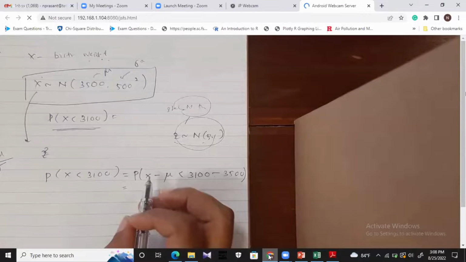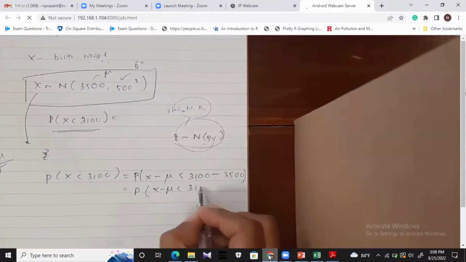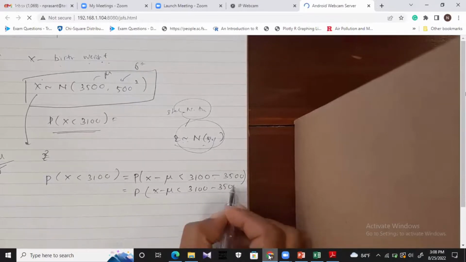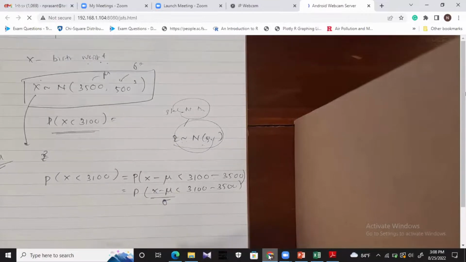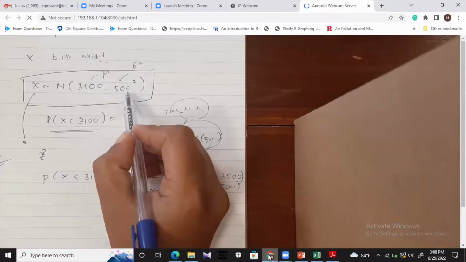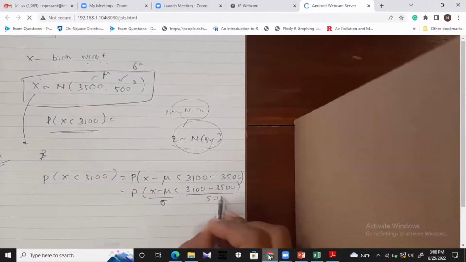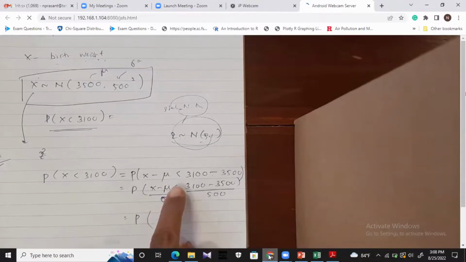Now I divide the entire probability by its standard deviation, sigma. Now what is sigma? That is 500. Now here we have x minus mu over sigma.